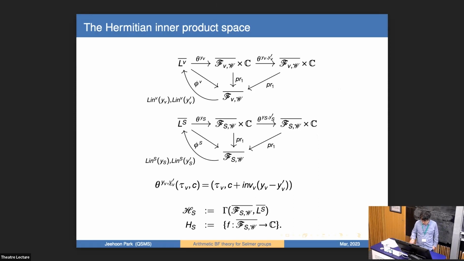You can make the diagram commute using this theta YV prime. And HS, as I mentioned, is a section of that line bundle, and just Roman S will be the trivialized line bundle. So this can be realized as C-valued functions.